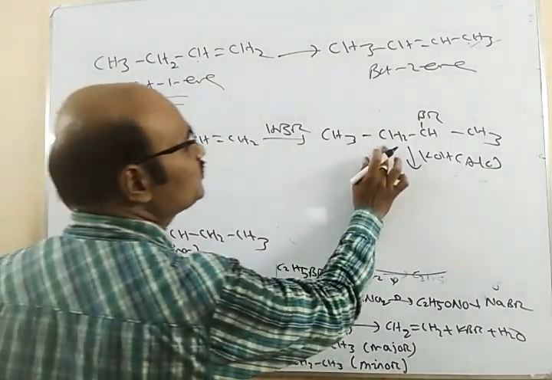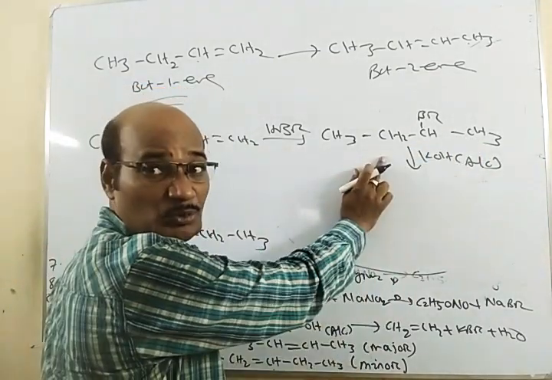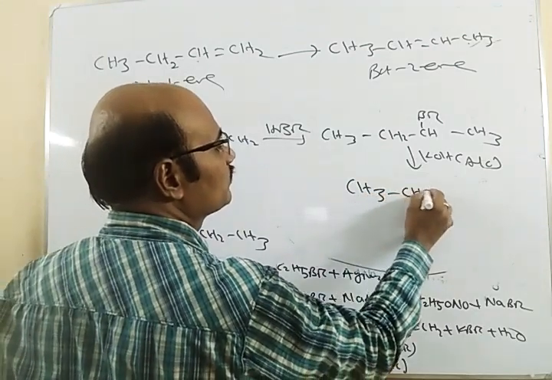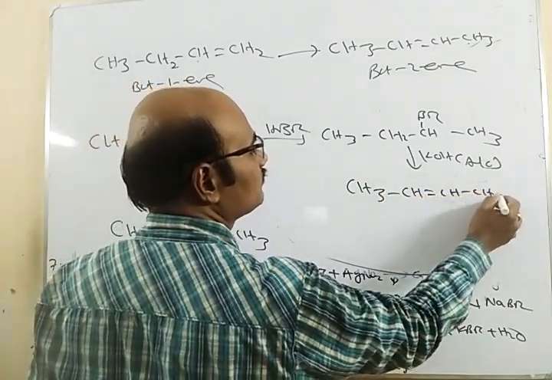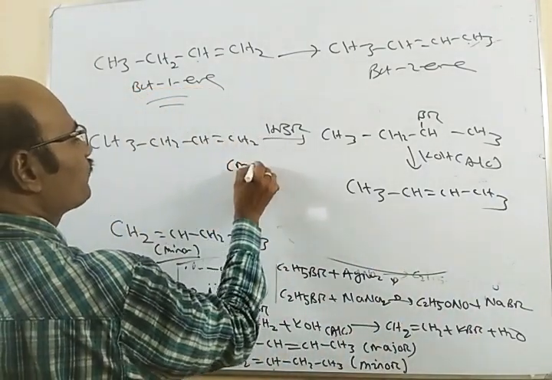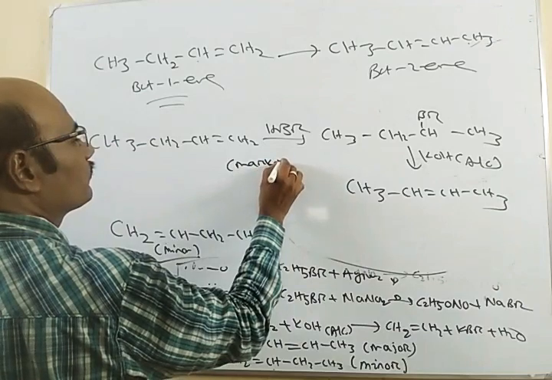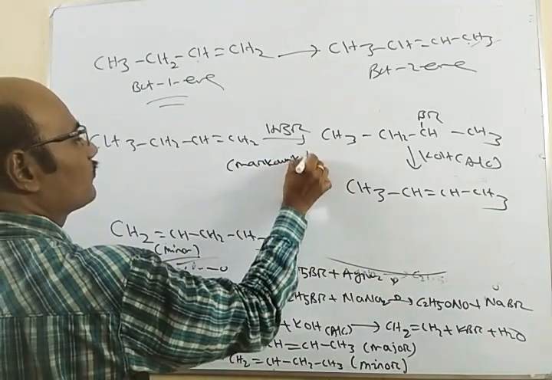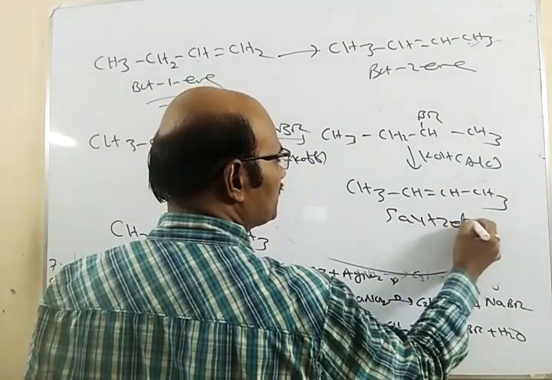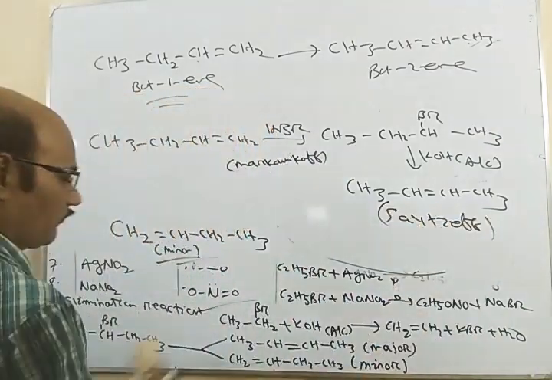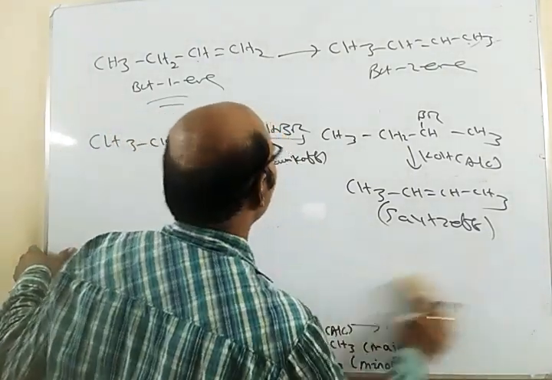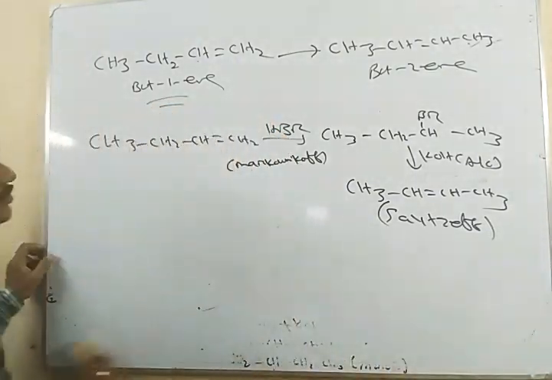So this is your CH2, this is your CH3. Following the rule, you get CH3-CH=CH-CH3. So here Markovnikov, and here Saytzeff. In this way we can convert but-1-ene into but-2-ene.